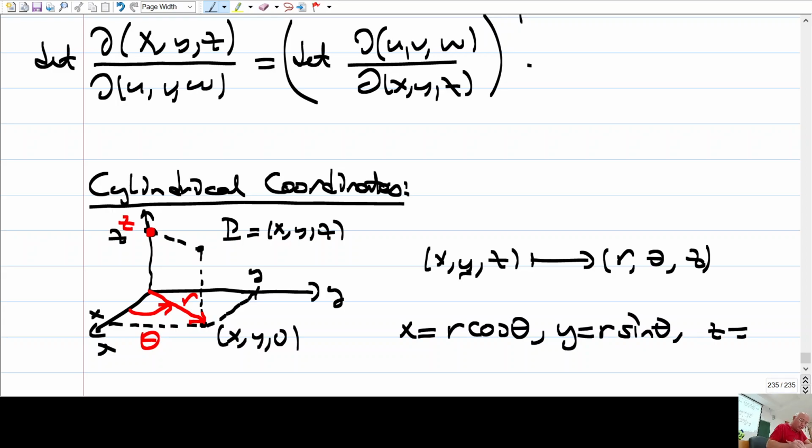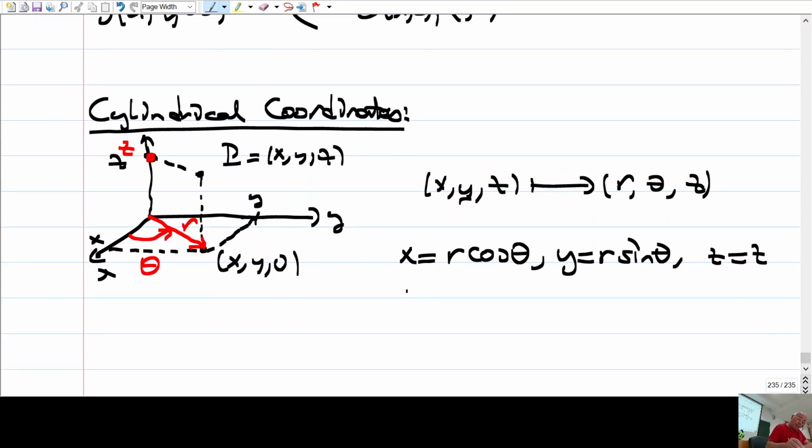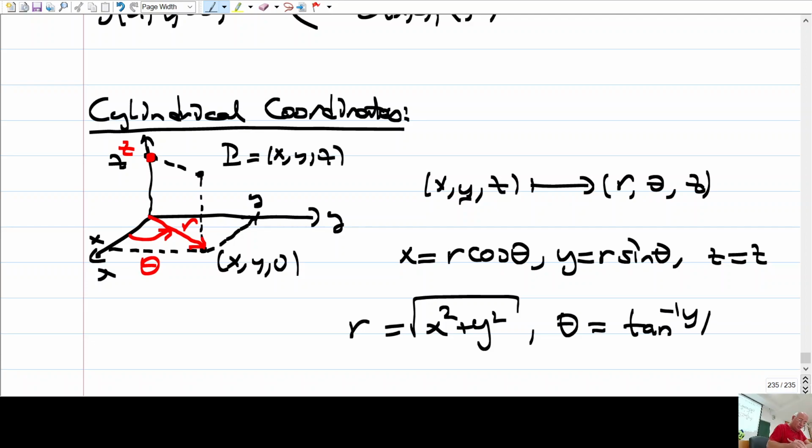And, of course, z is just z. Okay? And similarly, what is r? r is just the square root of x squared plus y squared. And what is theta? Well, it is just tangent inverse y over x, as usual.